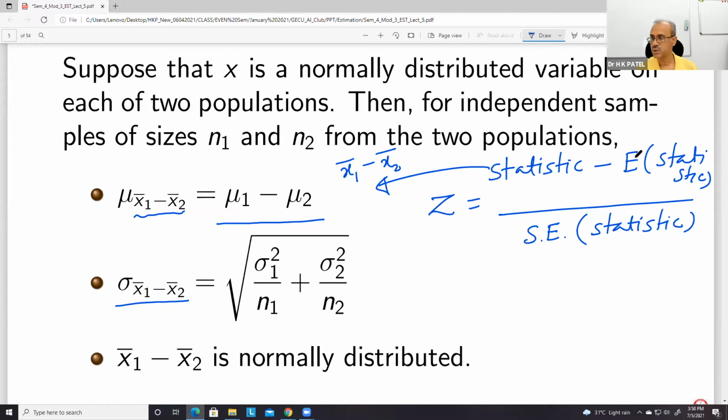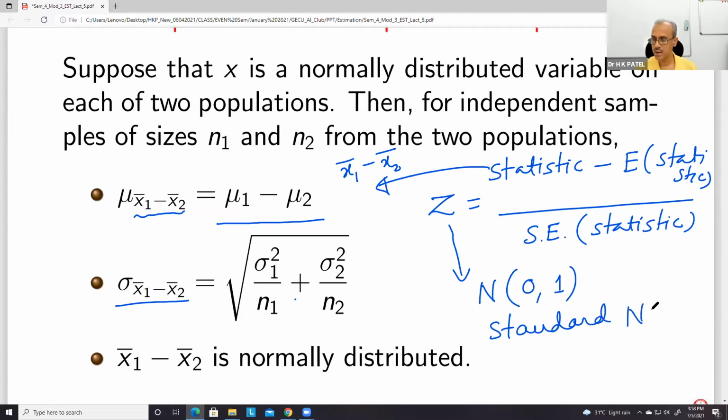So we can use mu1 minus mu2 here, and x1 bar minus x2 bar, and the standard error, which is nothing but the standard deviation, the square root of sigma 1 square upon n1 plus sigma 2 square upon n2. So this variable is a normal random variable having mean 0 and standard deviation 1. This is actually a standard normal variable.